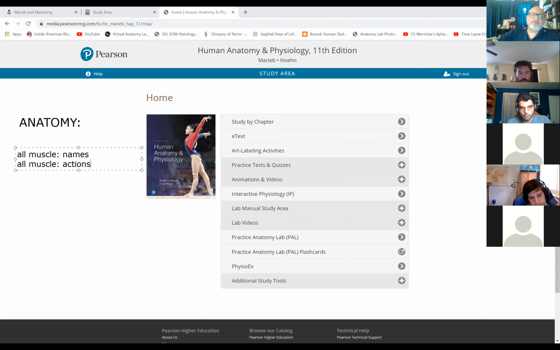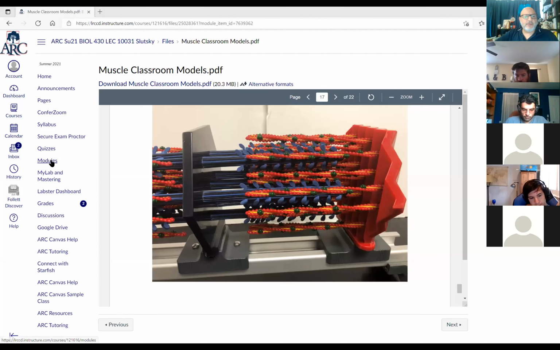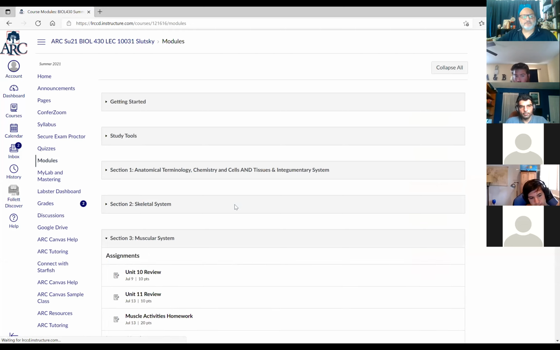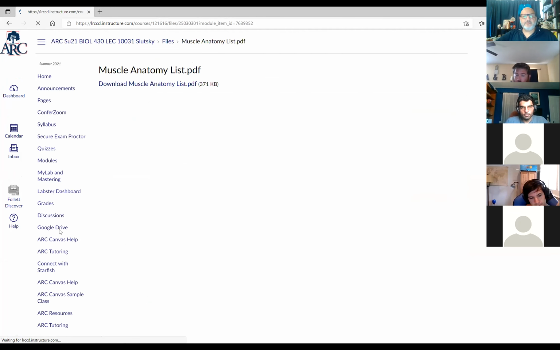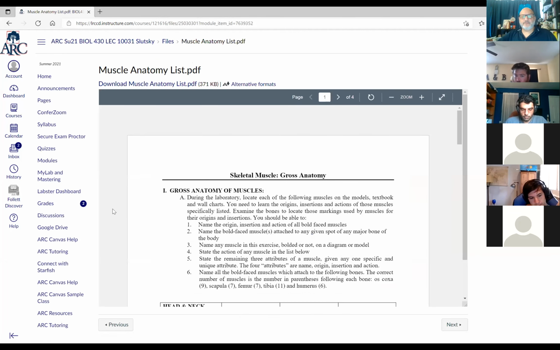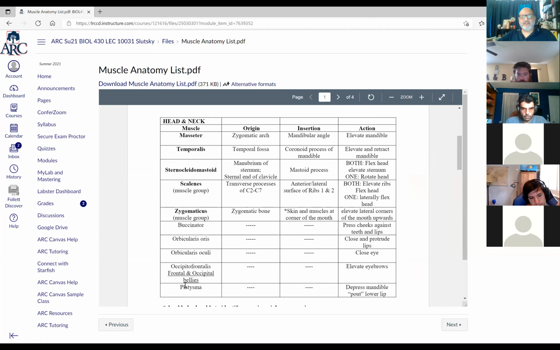And how do you know which muscles and which names you're responsible for? The handout. The handout, absolutely. Notice if we go back to our modules, lo and behold, not only is there a muscle histology handout you're responsible for, but there is a muscle anatomy handout you are responsible for, giving us a list of the muscles and their actions.